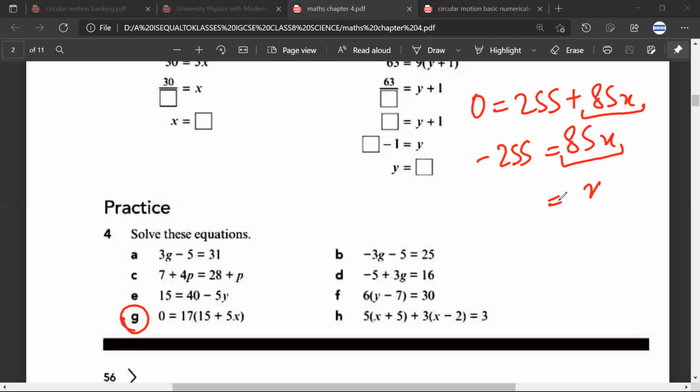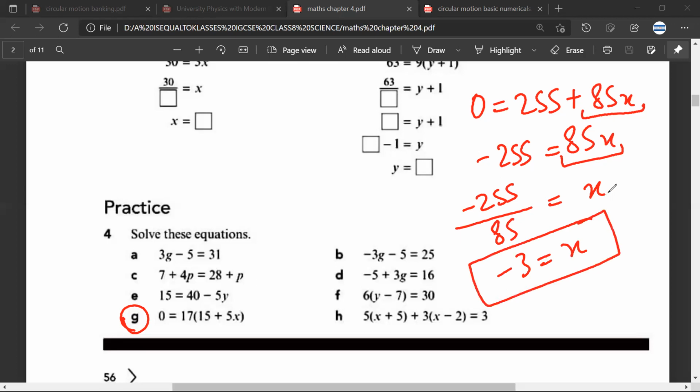So therefore, x would be, Mr. Satya, 255 over 85. This would be minus 3. Therefore, the value of x is minus 3.